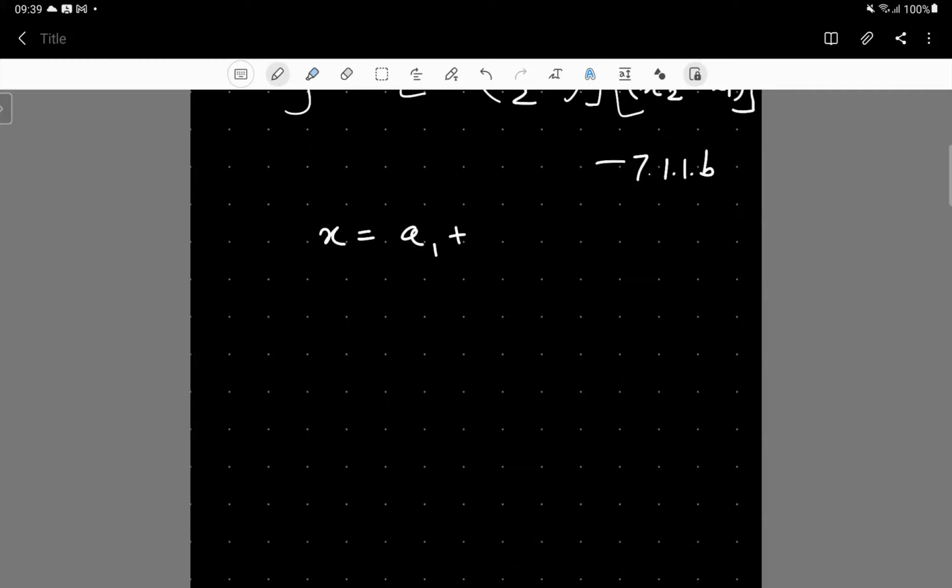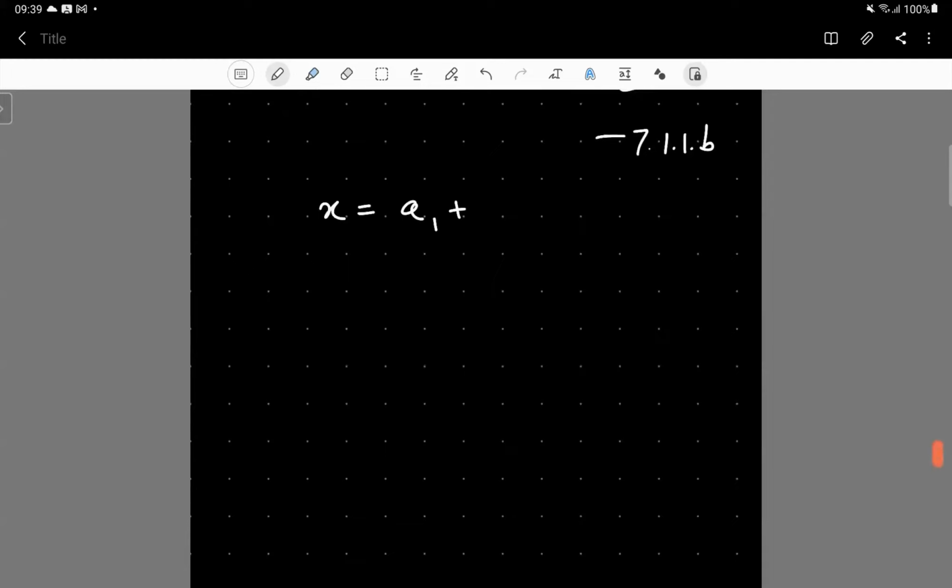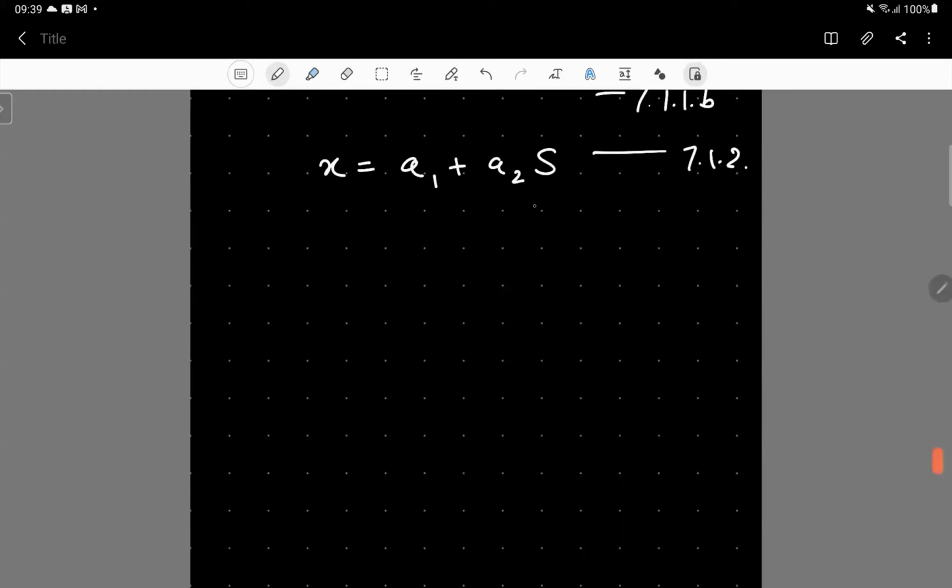So the shape is given by such a function, and this function is such that the term s is bounded within these two values, -1 and 1.